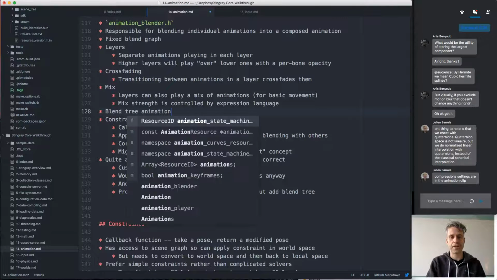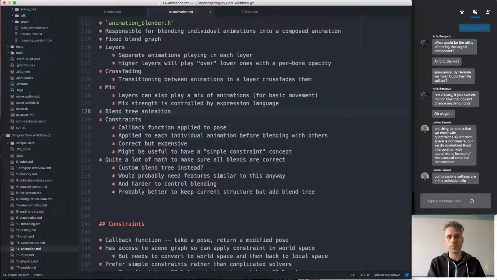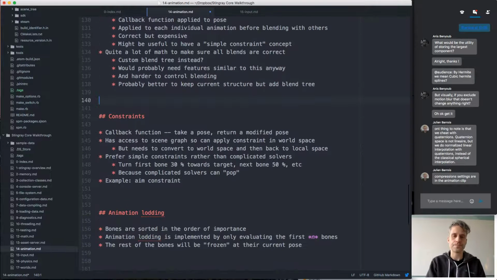In a blend tree animation, you could do a complete custom blend tree of multiple animations and blend them together however you wanted. But it would still be a part of this simpler system. You could do everything with the blend tree if that's really what you wanted, but for the people who don't want to do that, they would still have this basic system in place. I think that's where I would want to go with that in the future.